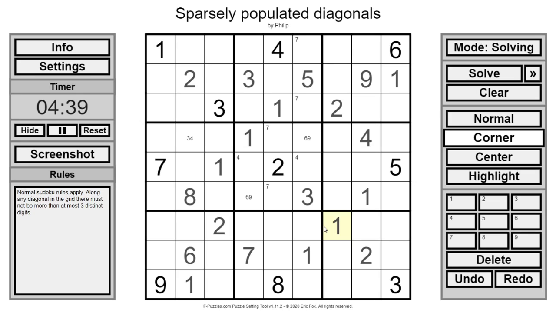Okay, what do I look at now? It's another thing, it's kind of hard to see once you get enough in the grid. 1, 2, 3, 4, 6, 7, and 8.